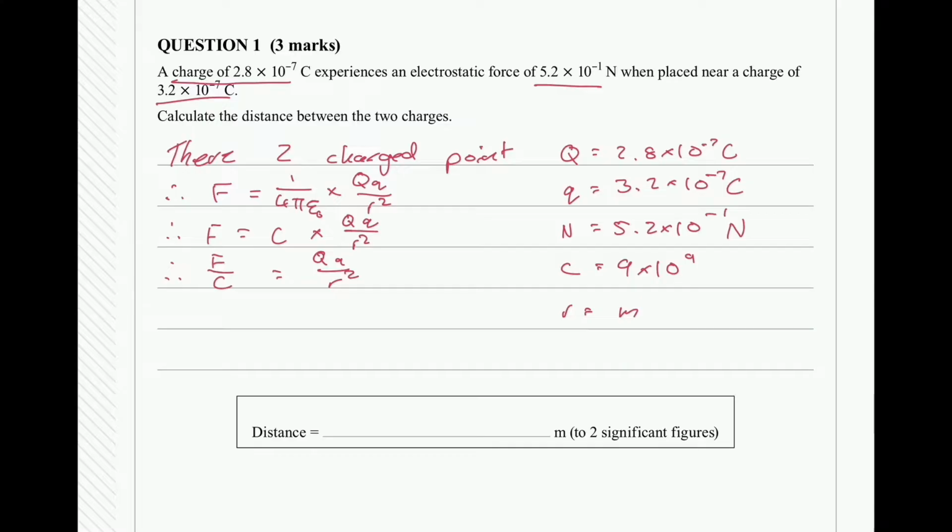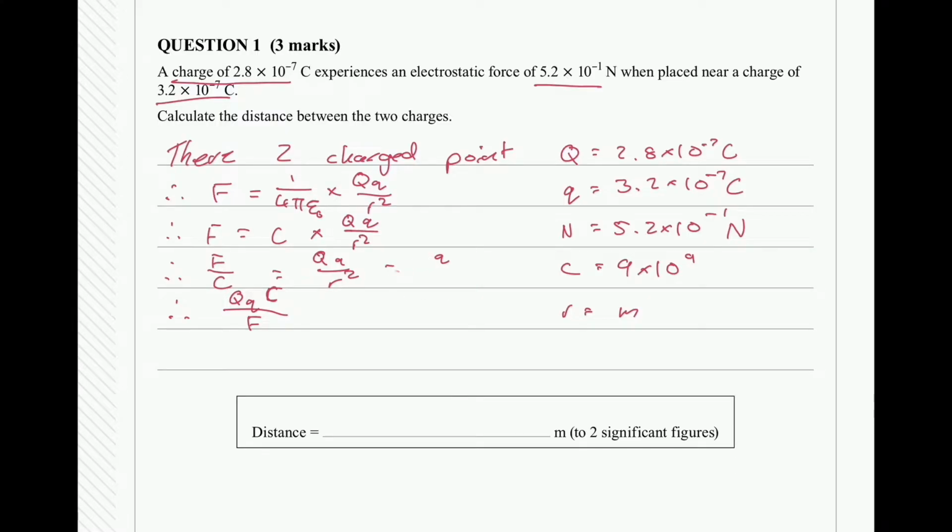So I'm making sure I'm not forgetting any variables as I go through. What I'm going to do here is an inverse. So what ends up happening is I have Q lowercase q C divided by F. So what I've done is essentially this is now Q lowercase q divided by F over C, sorry, C for our Coulomb's constant, F over C. And I've just inversed this here and it multiplies it.